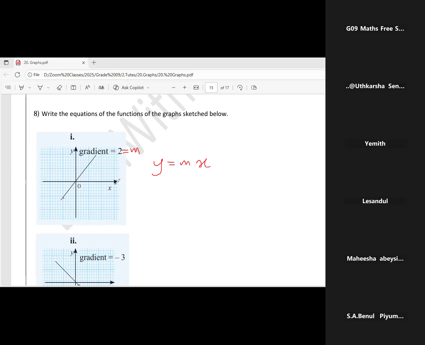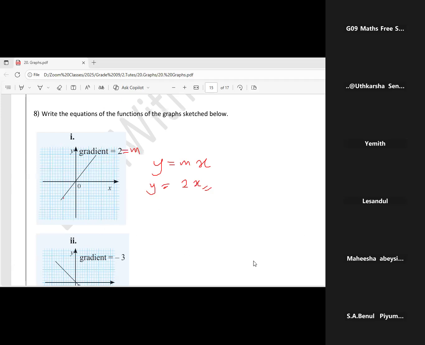There is no c because c equals 0. This goes through the origin. So you can write the answer: they have given the gradient as 2, that means m is 2, y equals 2x. Correct?